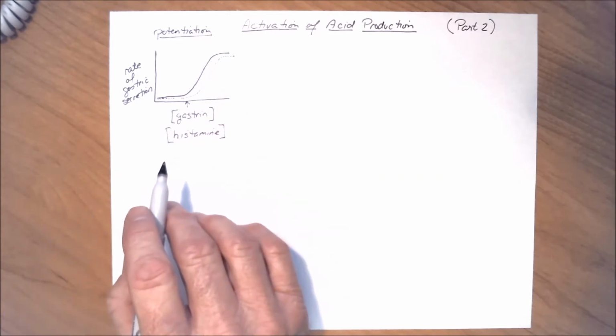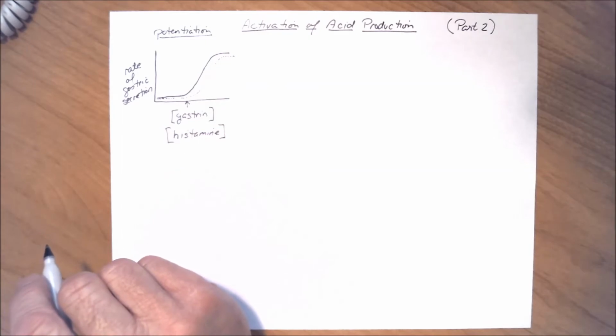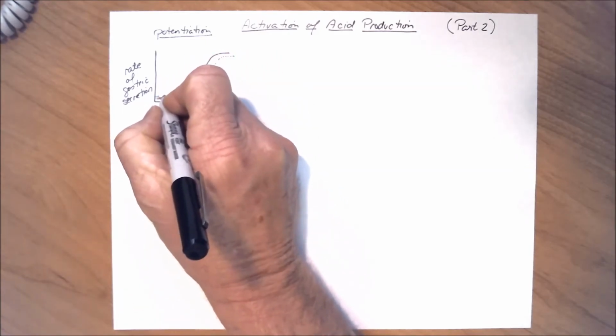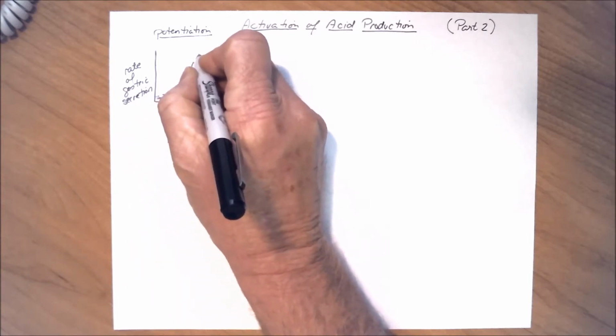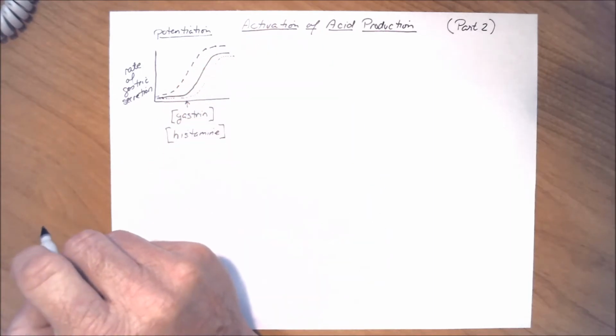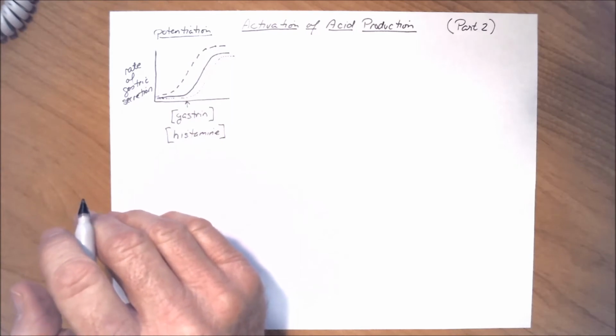So what happens if we add gastrin and histamine together? We get what is called potentiation. Potentiation means there is a much greater effect when both effectors are added together.